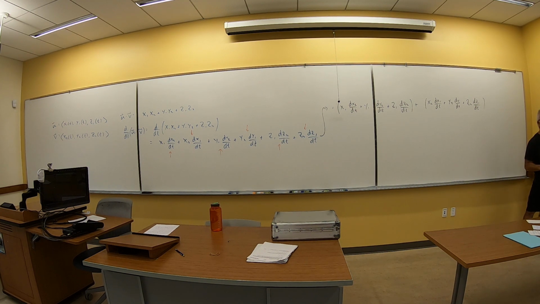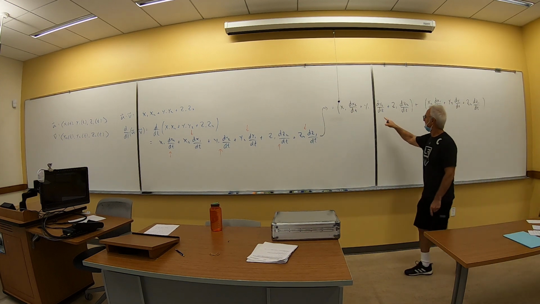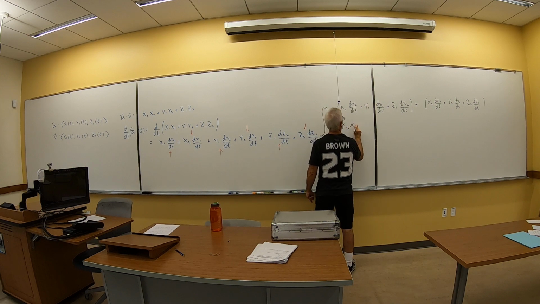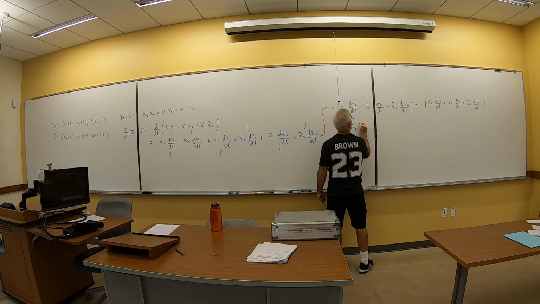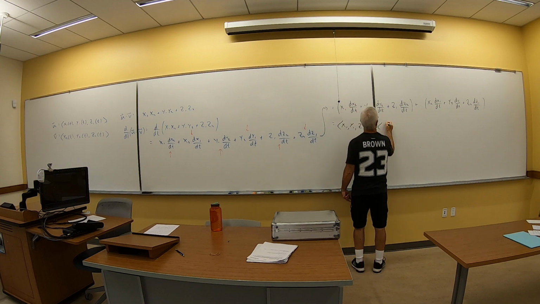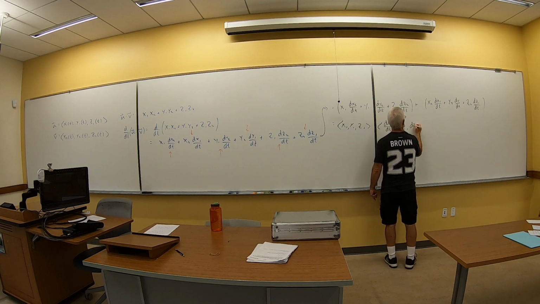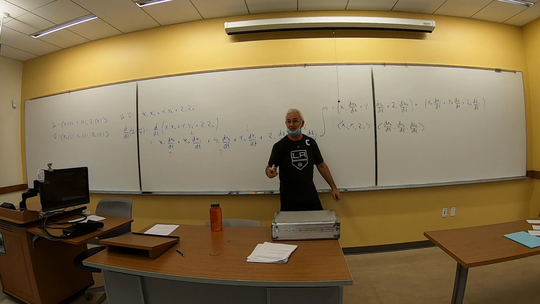Do you see a couple of dot products right up there? Wouldn't this one here be (x1, y1, z1) dotted with (dx2/dt, dy2/dt, dz2/dt)? Does everybody see that? Clearly that's a dot product.